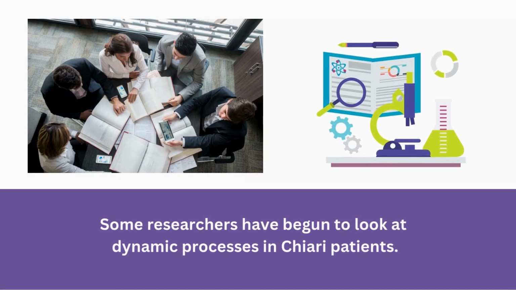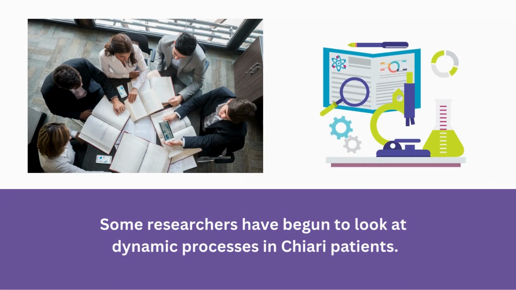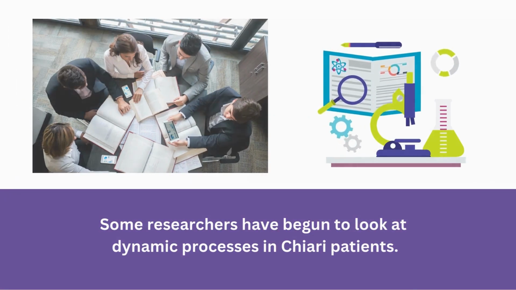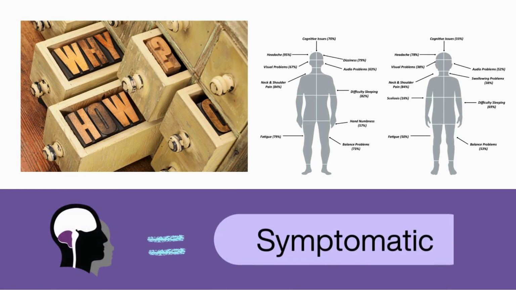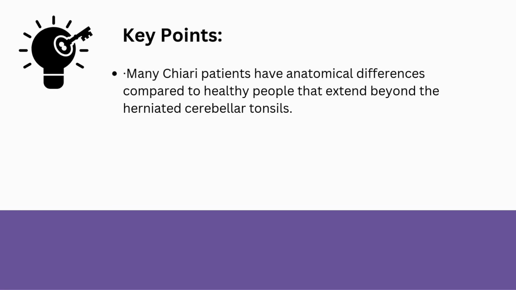That is why some researchers have begun to look at dynamic processes in Chiari patients to understand how and why people become symptomatic, which is the subject of the next module. To summarize what we learned in this module, many Chiari patients have anatomical differences compared to healthy people that extend beyond the herniated cerebellar tonsils.